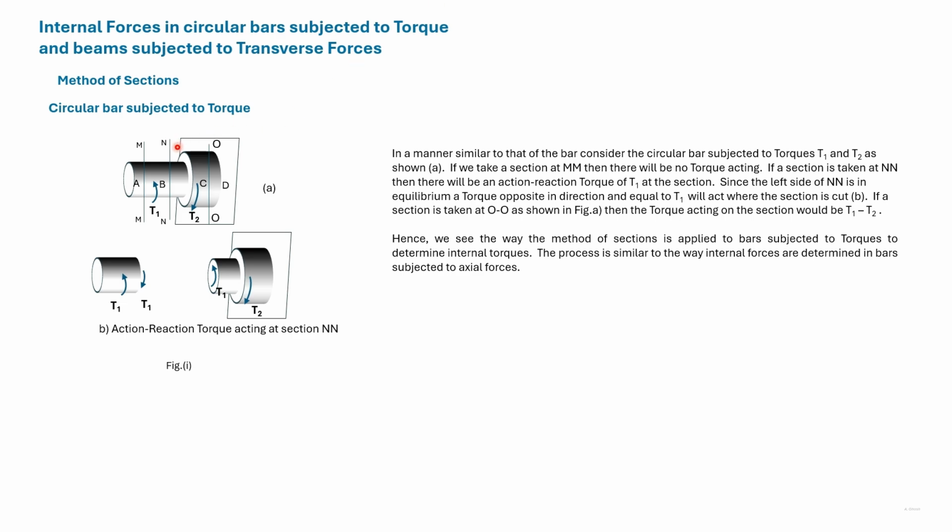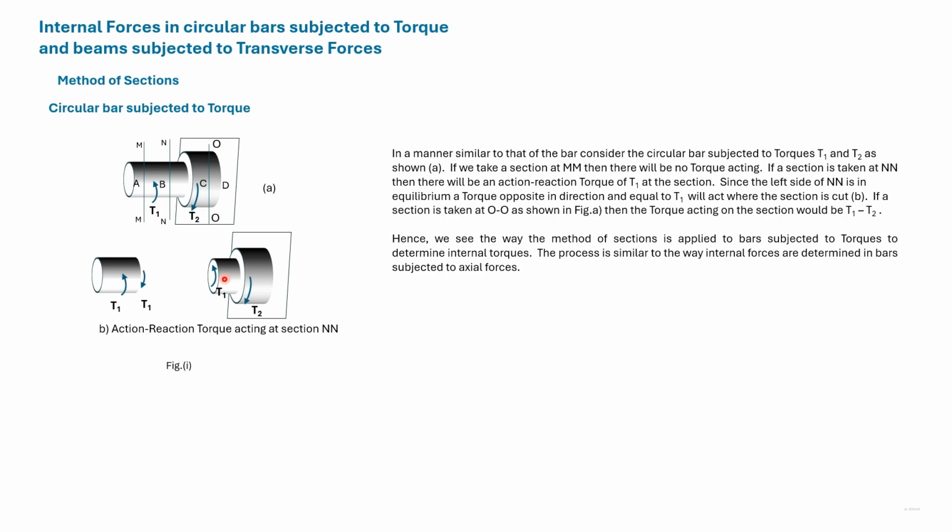Consider now another section perpendicular to the axis, NN. Now again the whole circular bar is in equilibrium and the portion to the left of NN, considering internal forces, will be in equilibrium. As we see, there's only one torque applied at B. So the section at NN must have a torque T1 applied in the opposite direction for equilibrium.